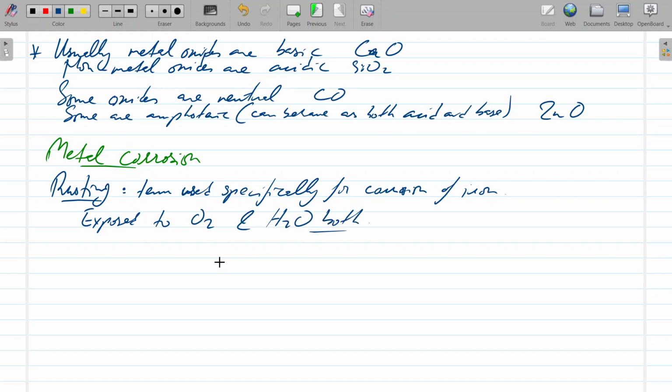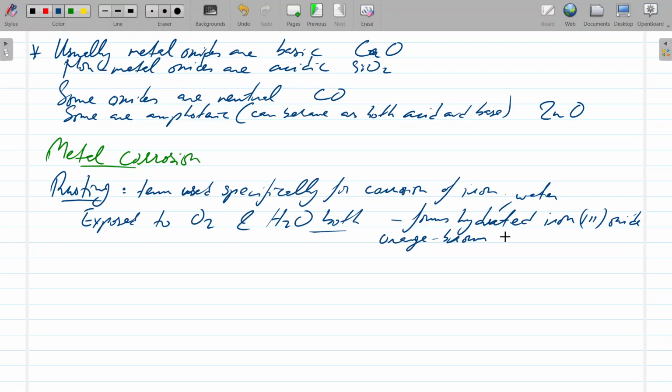So if any one of these is missing, it will not rust. What happens is that the iron reacts with oxygen and water, and it forms a hydrated iron 3 oxide. Hydrated meaning there's water, iron 3 oxide, which is the orange, brown flakes that you see sometimes.